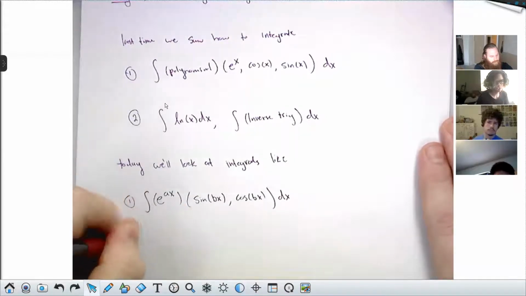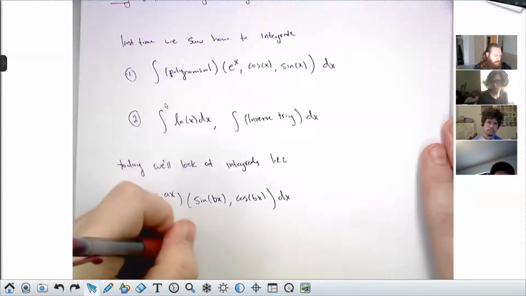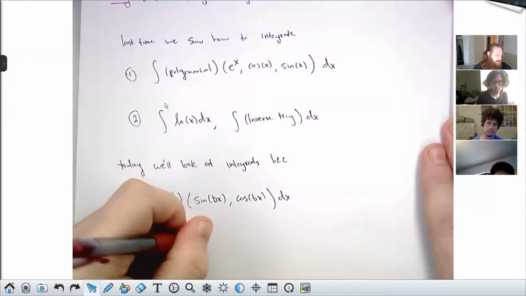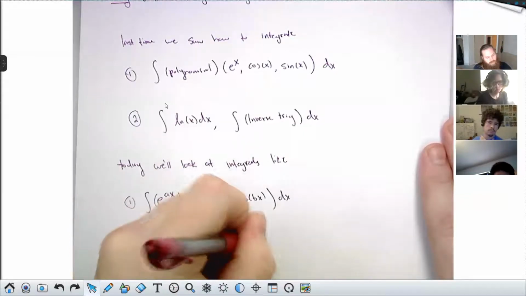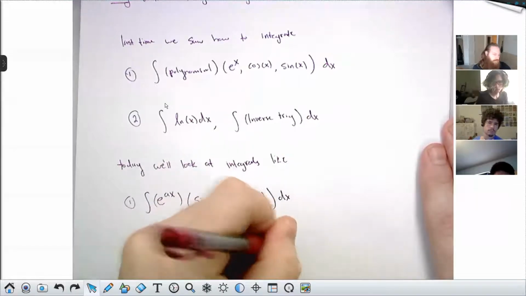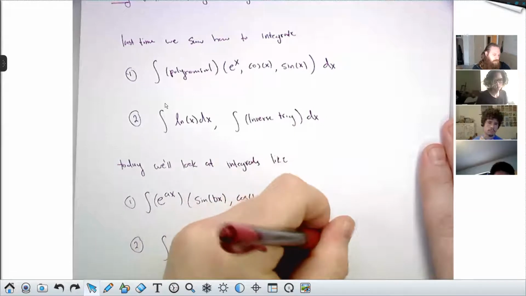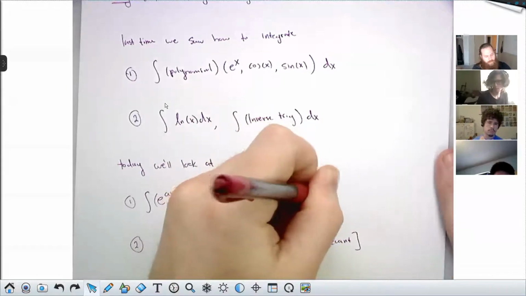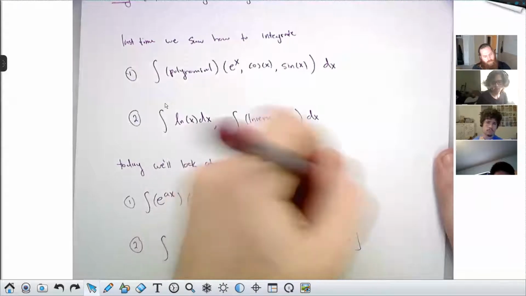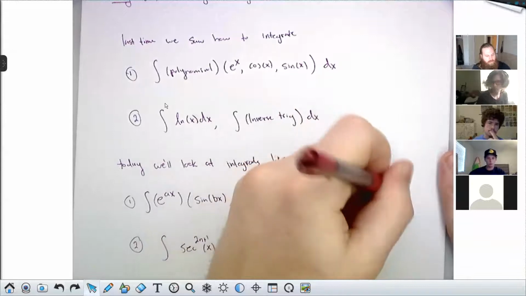The other things we'll be looking at are integrals of odd powers of secant.